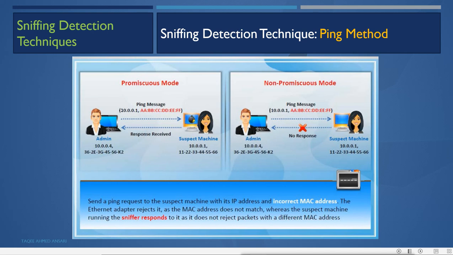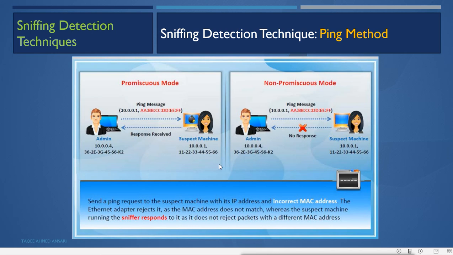Then we have the sniffing detection techniques also. First is the ping method. We'll send a ping request to the suspect machine with its IP address and an incorrect MAC address. Now the Ethernet adapter rejects it as the MAC address does not match, whereas the suspect machine running a sniffer will respond to it as it does not reject packets with a different MAC address.